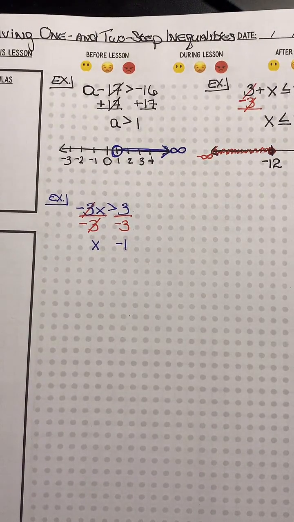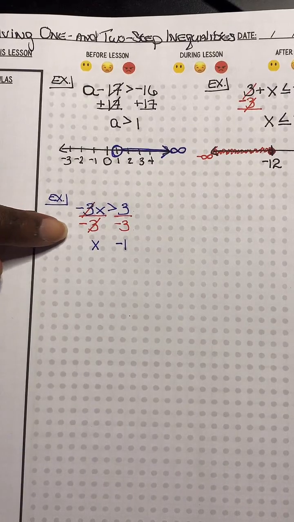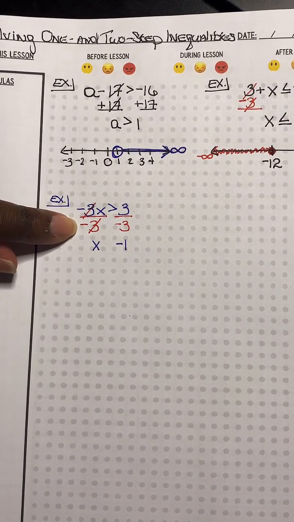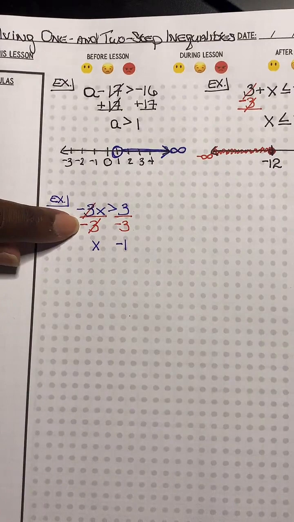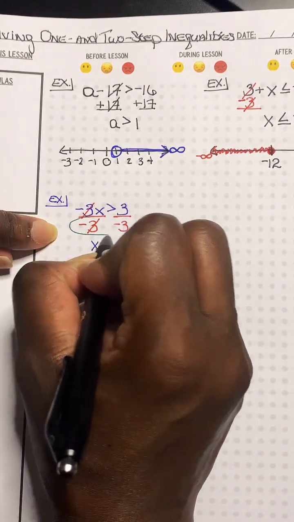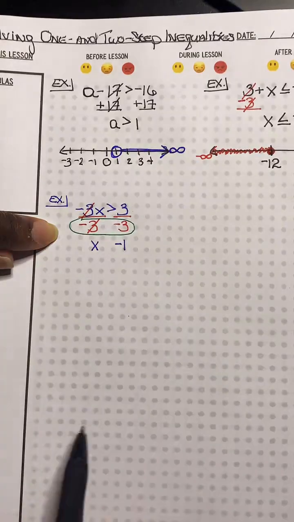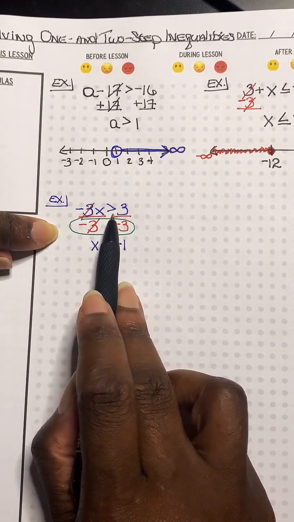But this is that little twist that I was saying earlier. Anytime I multiply or divide by a negative number, not the result, but the act of multiplication or division by a negative number, so we're talking about this slot right here, I always have to change the direction of my inequality sign.